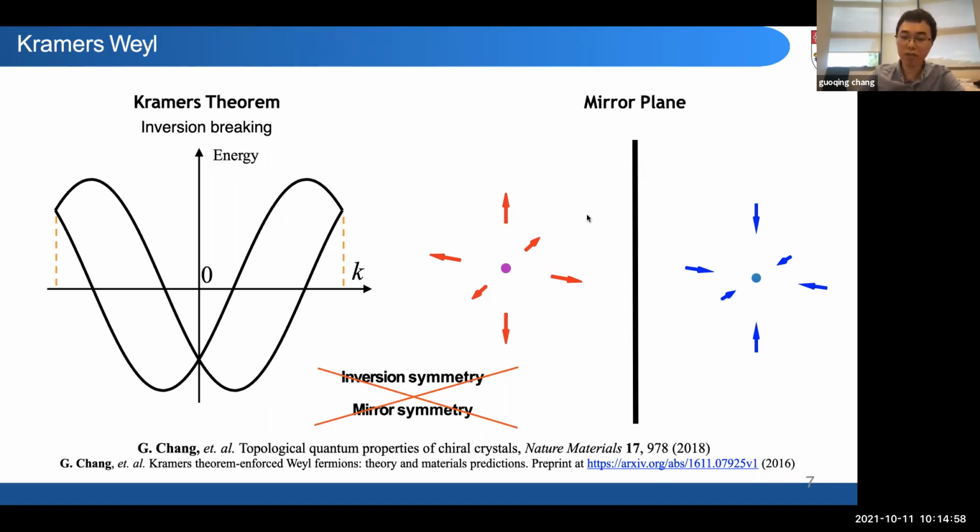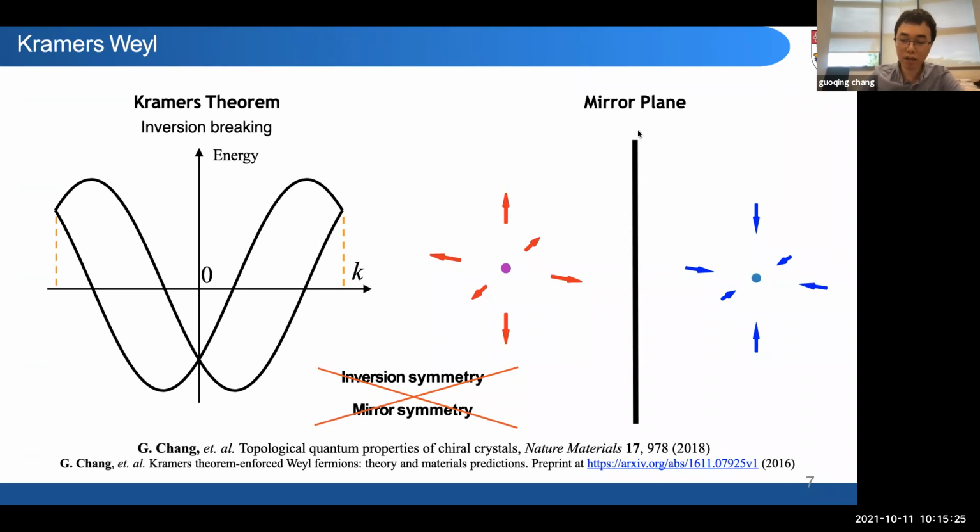So in other words, if you have a mirror plane, you also have a Weyl fermion on the two sides of the mirror plane, and the two Weyl nodes will have opposite chirality. As a result, if you try to move these two Weyl nodes into the mirror plane, the opposite Chern numbers will annihilate, and the net Chern number that is allowed on any mirror plane will be zero, which means Weyl fermions are not allowed on the mirror plane.